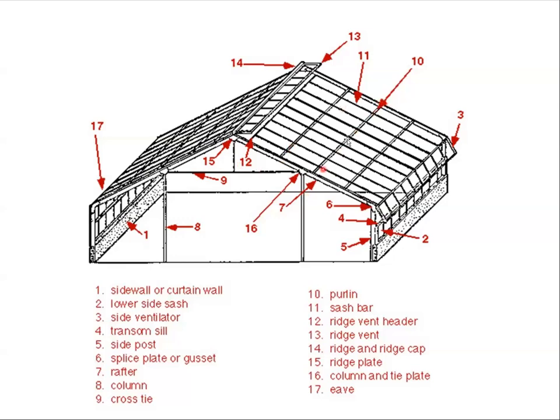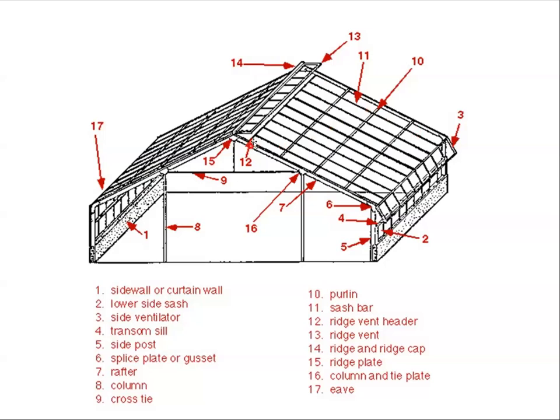10 is a purlin. Okay, so this is, I guess, similar to a joist in a structure. Sash bars, okay, and a lot of times the spacing on these is sized so that whatever type of glazing material goes on this slides right into these.